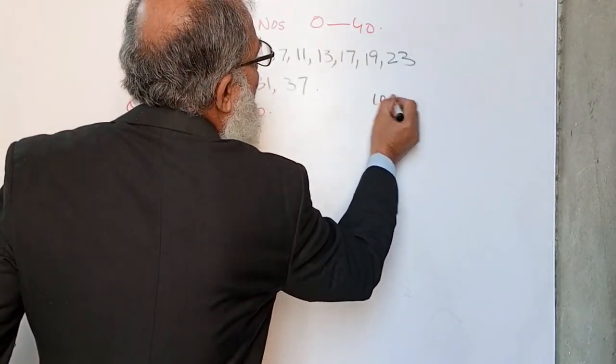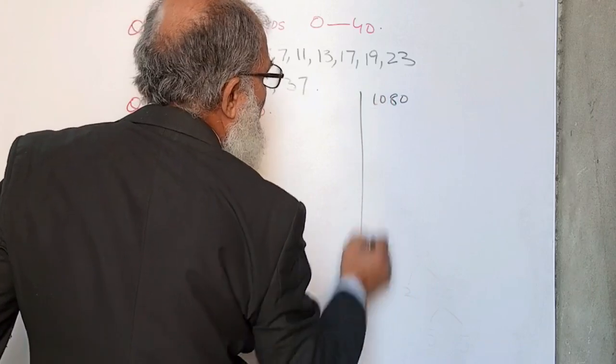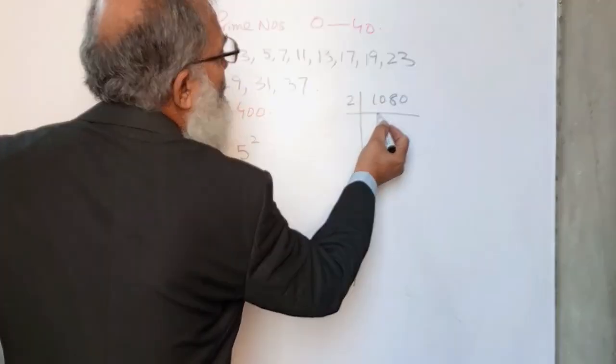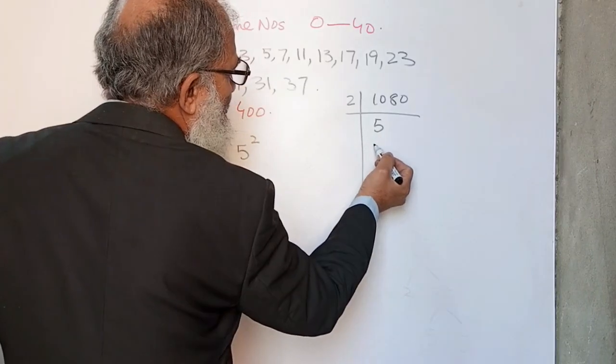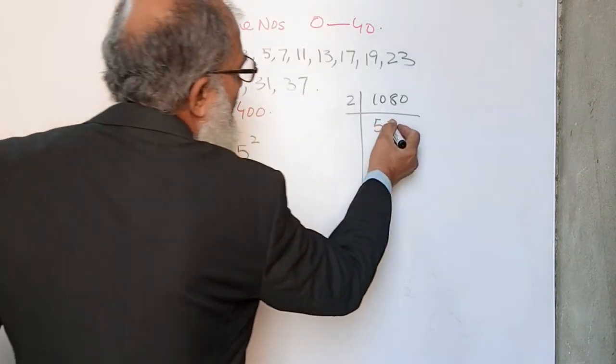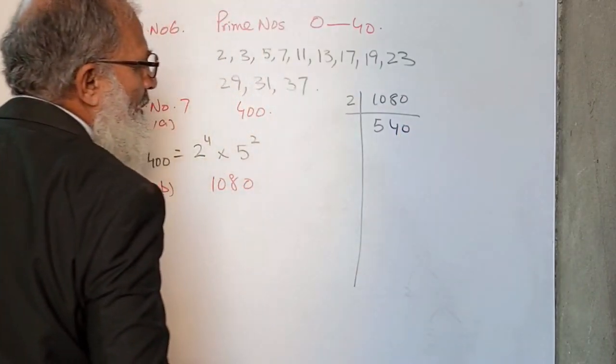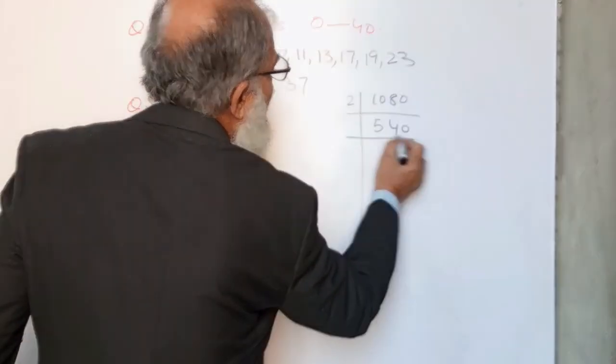1080. Start with the lowest prime number, and that is 2. 2 times 5 is 10, 4 and 0. 540.